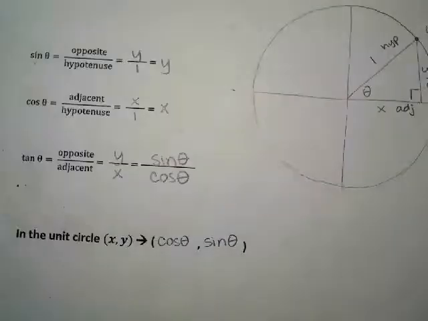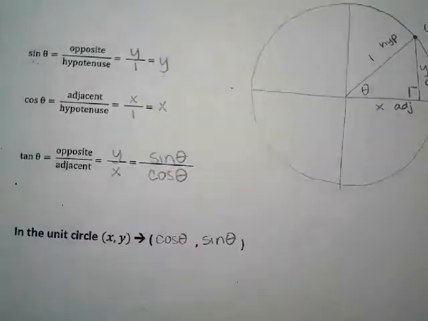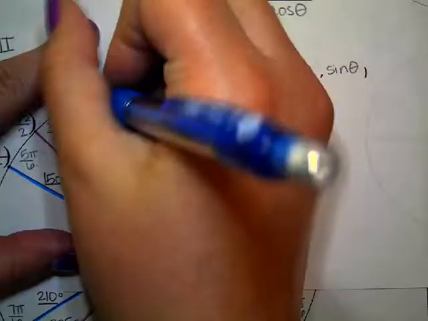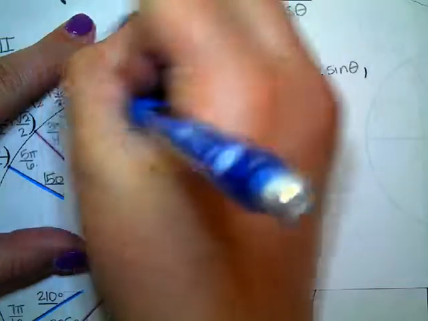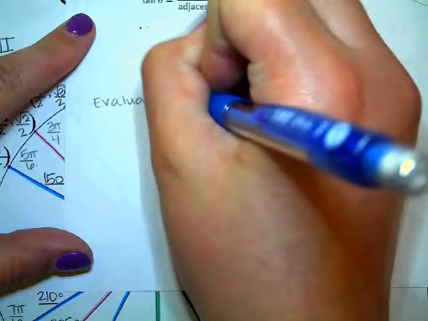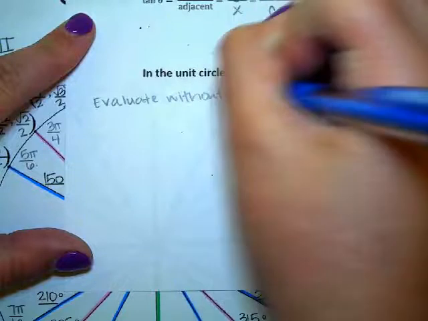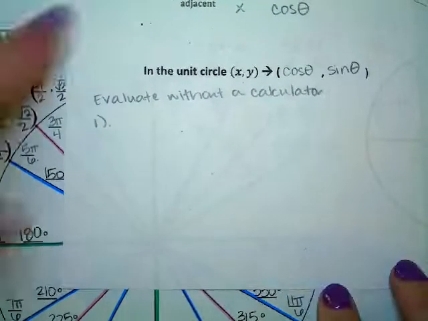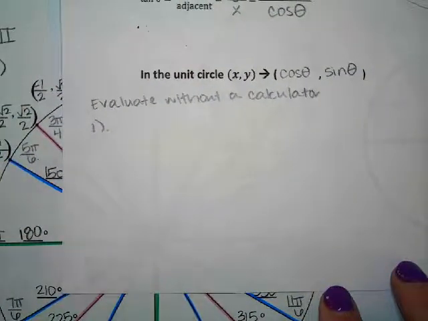All right, time for some example problems. So leave your unit circle in front of you. We're going to write example problems in this space down here. So we're going to say evaluate without a calculator. Number 1: cos of 7pi/4.